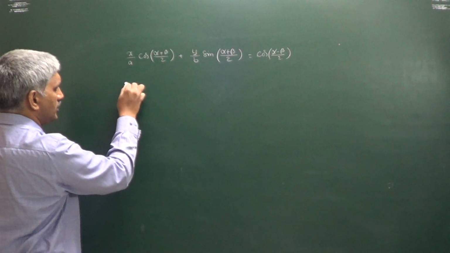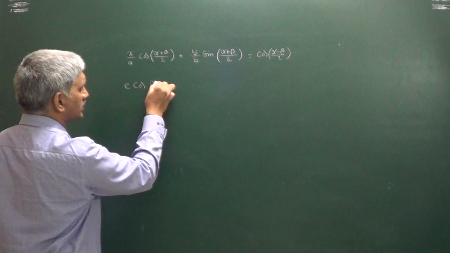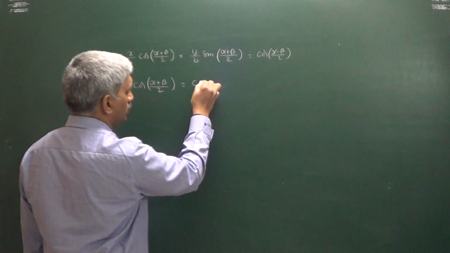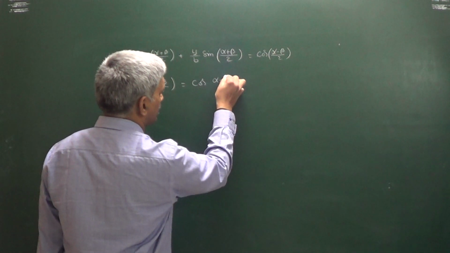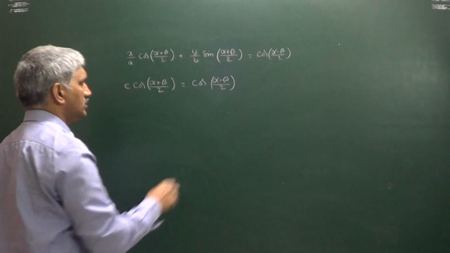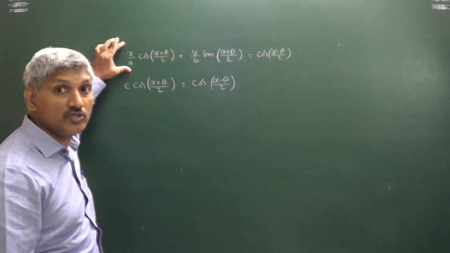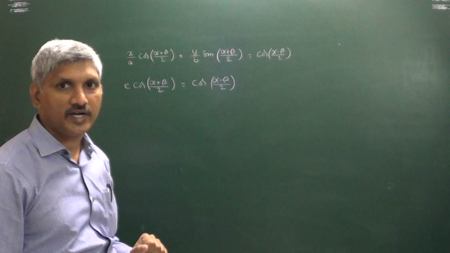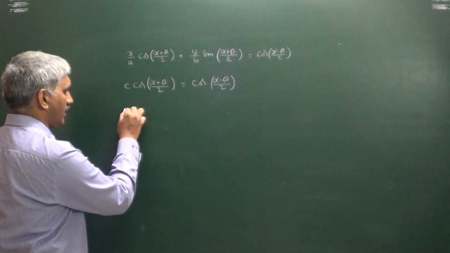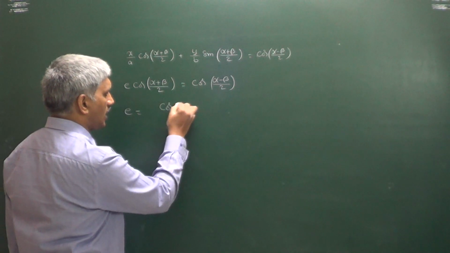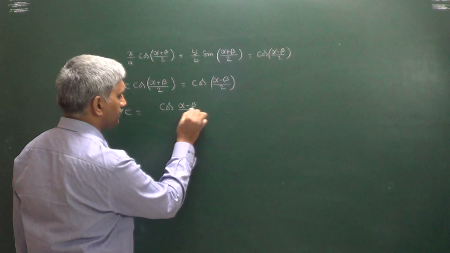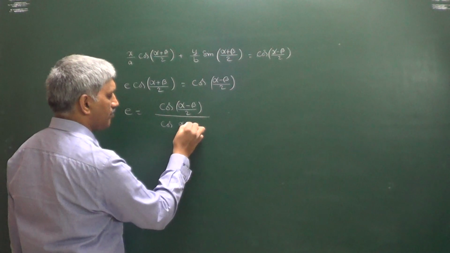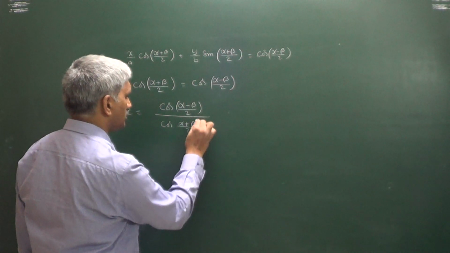So e into cos of (alpha plus beta) by 2 is equal to cos of (alpha minus beta) divided by 2, because a focal chord has to pass through the focus. That's why in place of x we write ae, and in place of y we write 0. Now from this I can write e is equal to cos of (alpha minus beta) by 2 divided by cos of (alpha plus beta) divided by 2, that is e.